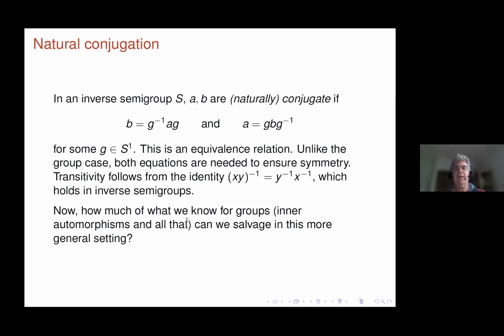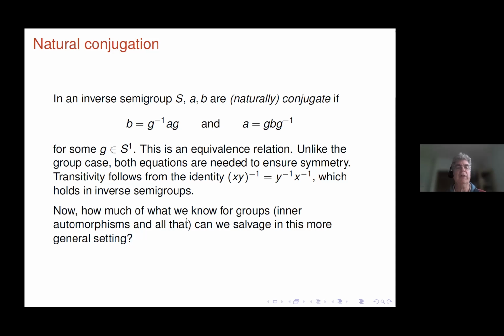So let's take the definition of conjugacy in groups and just naively replicate it in inverse semigroups, because after all, there's a natural notion of inverse in this setting, and let's just see what happens.